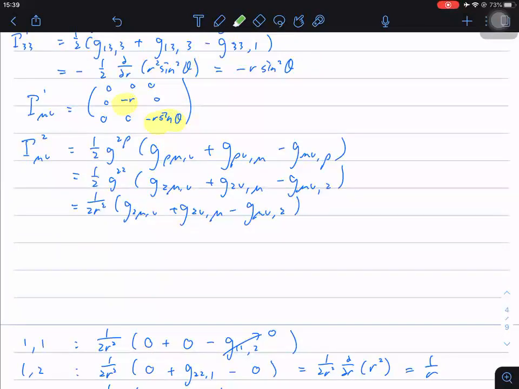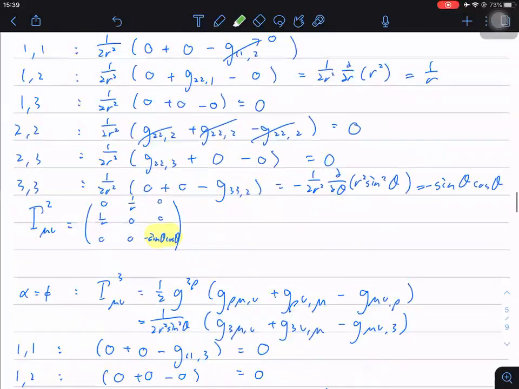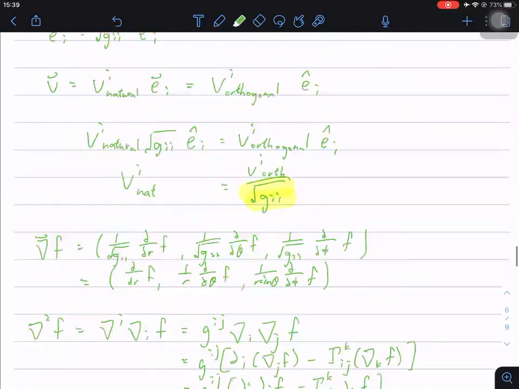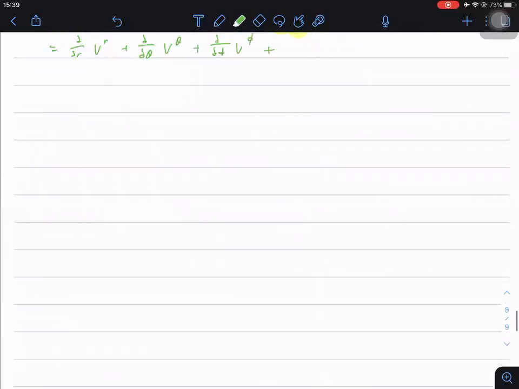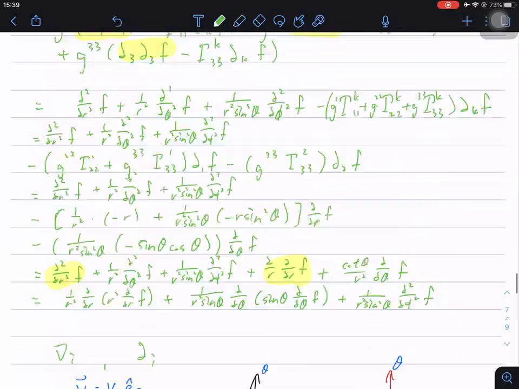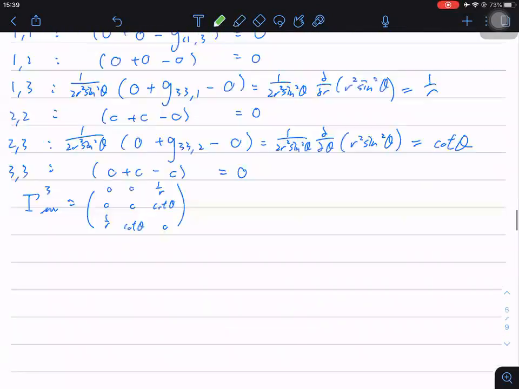Okay, so let me write down all the non-zero Christoffel symbols first. First of all, we have Γ^1_22 equals minus r, Γ^1_33 equals minus r sine square theta. Let me check.